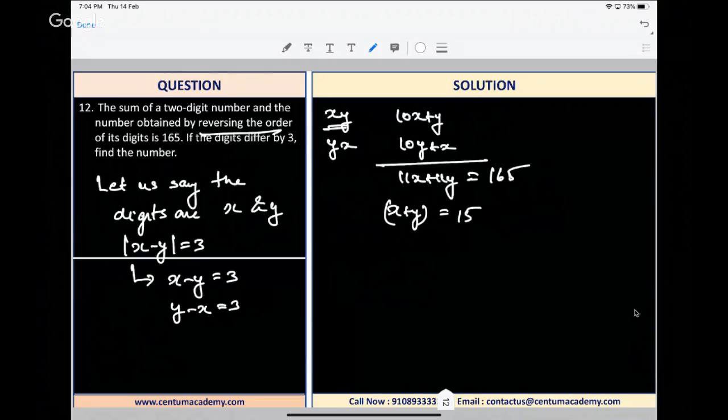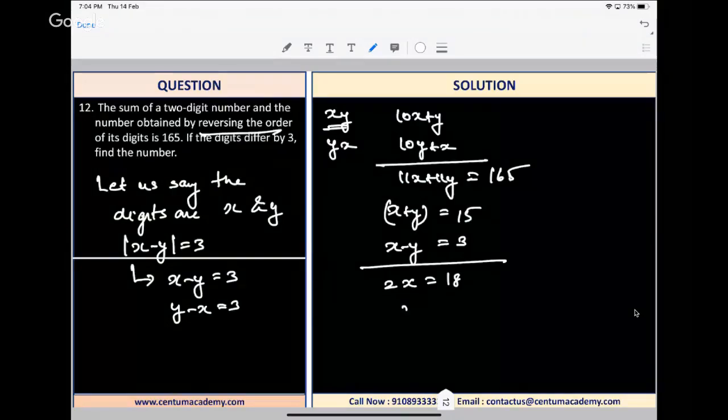Now x plus y is 15, and let us say x minus y was 3. So add both of them together, you'll get 2x equals 18. So x becomes 9. Correct? So hence the numbers are 96 and 69.